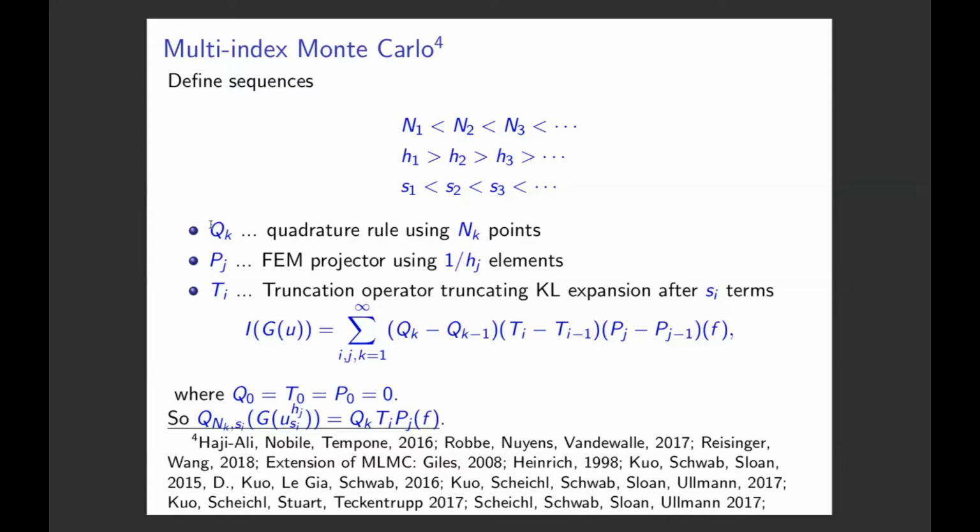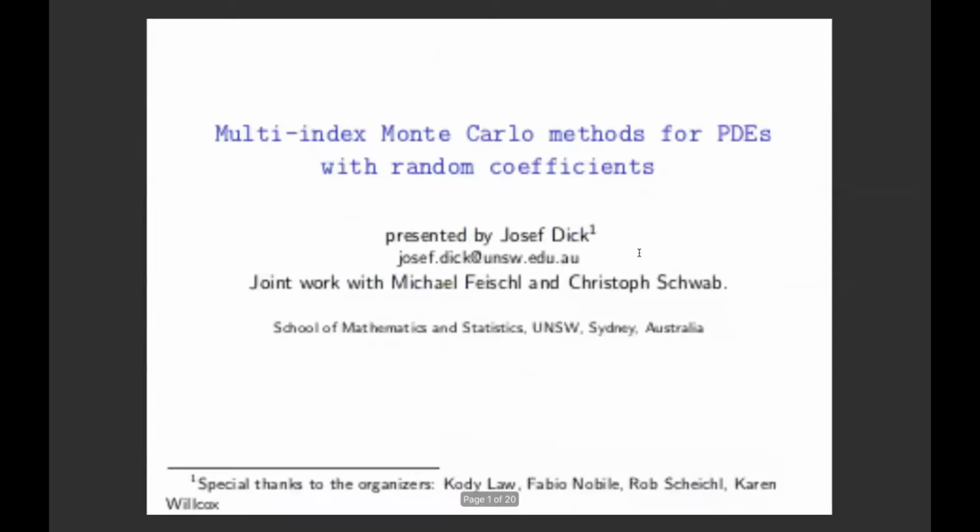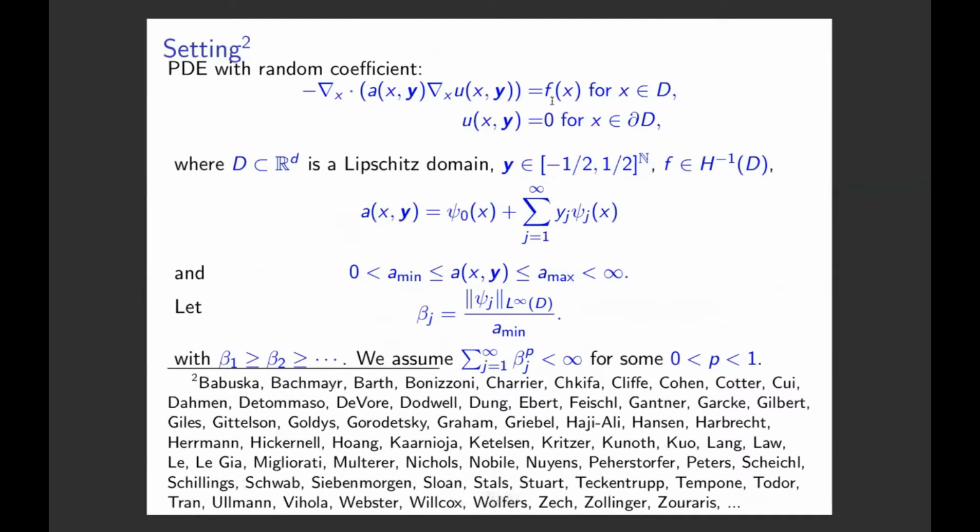And I'm thinking of those three, Qk, Pj, and Ti, now as operators applied to the right-hand side in our PDE. So we have our PDE here. Here is the right-hand side function f, which is in H minus 1. And we apply these operators to this function f here, which gives us then the solution of this PDE, u.